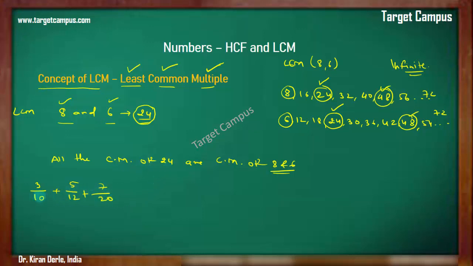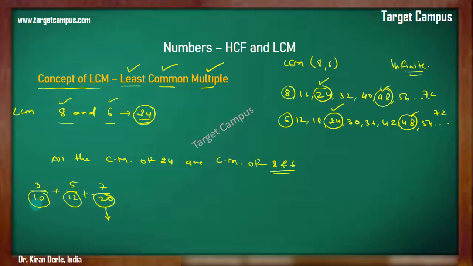So if you want to add this, right, what we have to do is we have to take the LCM of these denominators, right? So whenever we do it practically, what we do is we consider the large number, which is the biggest number in these three, is 20, right?